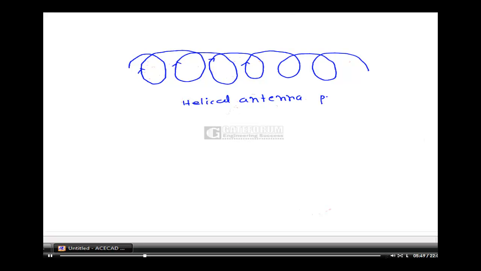A helical antenna produces circular polarization, which is mostly used in military communications. Suppose this is a right-handed circular polarization; if the orientation is opposite to this, then it is a left-handed circular polarization. That is, the figure traced by the electric field vector is in the form of a circle, so we call it circular polarization.